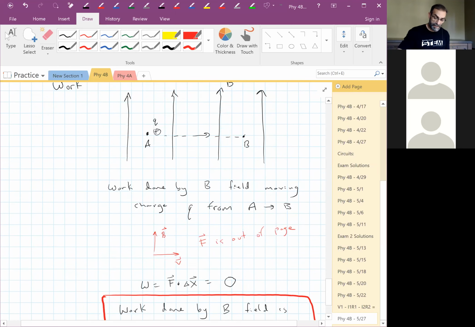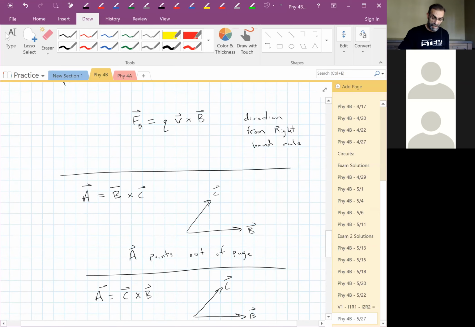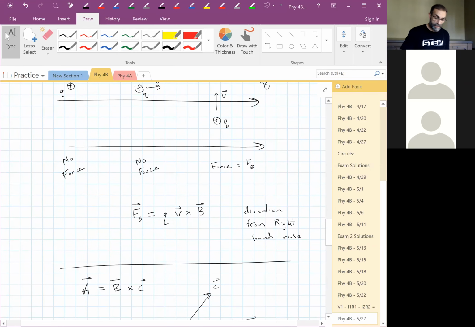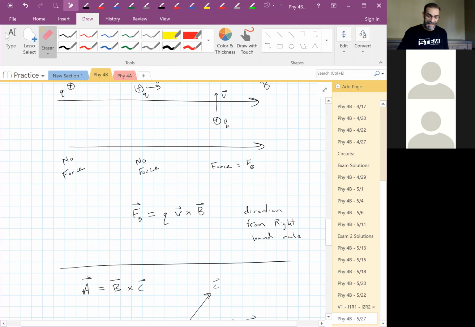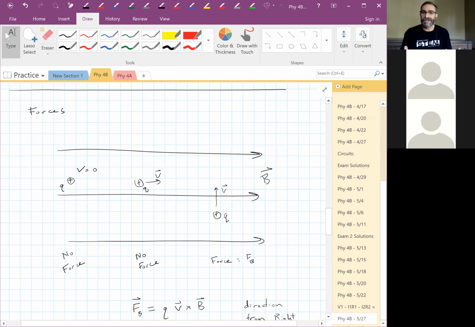Okay, it follows from the formula here. I know this is a weird formula, right? Accepting this is not straightforward. But once we say to ourselves, okay, this magnetic force is weird: a charged object does not feel a force in a magnetic field if it's stationary. It doesn't even feel a force if it's moving along the magnetic field lines.